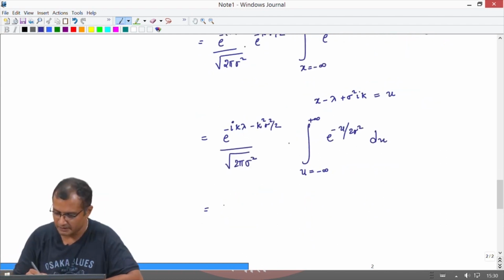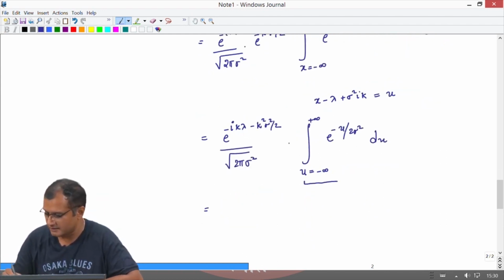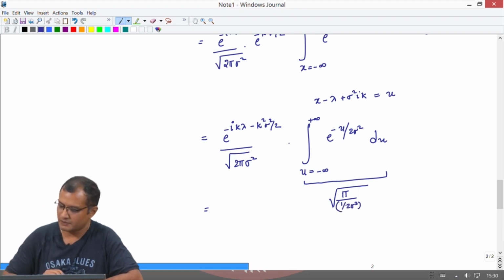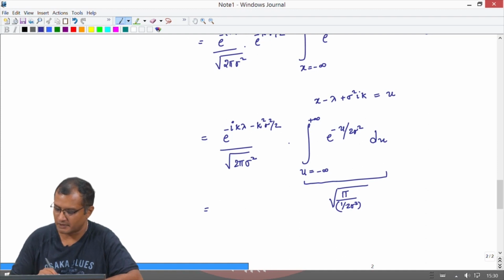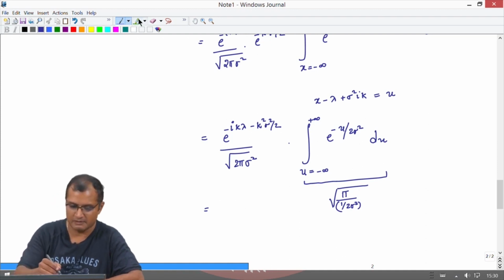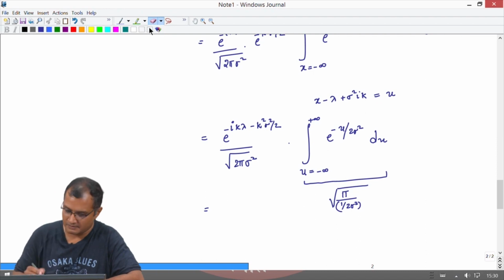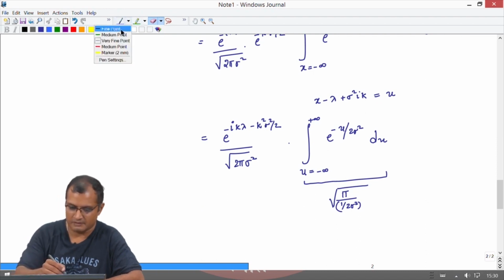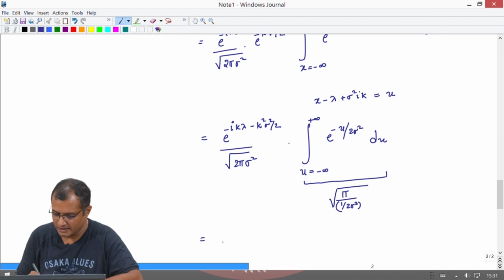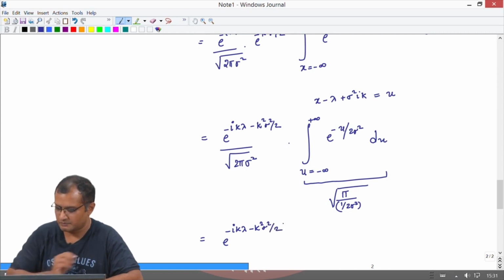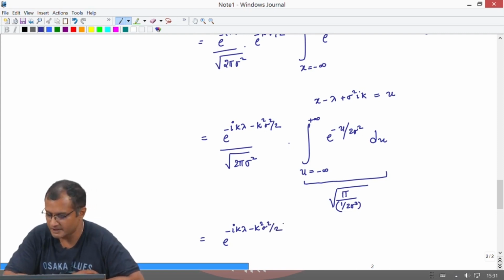Gaussian integral tells me that this integral is nothing but square root of pi by 1 upon 2 sigma square, which will cancel off with the denominator, and I will simply get e raised to minus I k lambda minus k square sigma square by 2, everything will cancel.